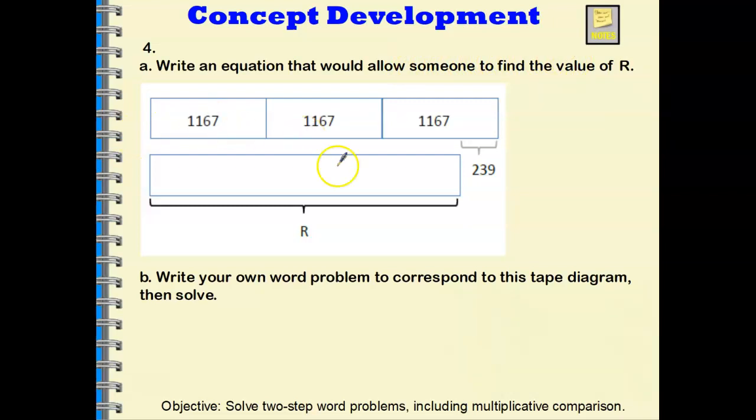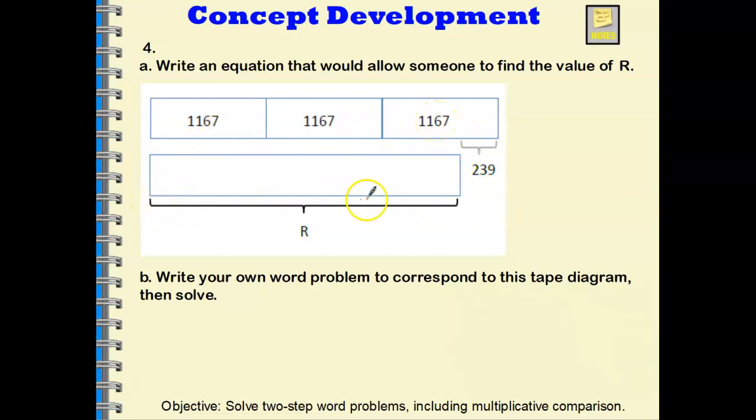Okay, so when I look at this problem, I see that I have 3 groups of 1,167. And then I see that over here I'm showing 239 less than the total of these 3 groups.